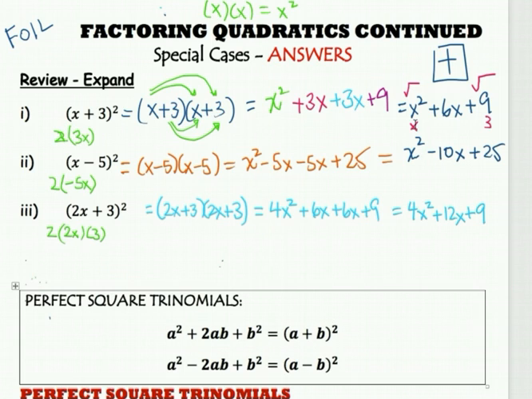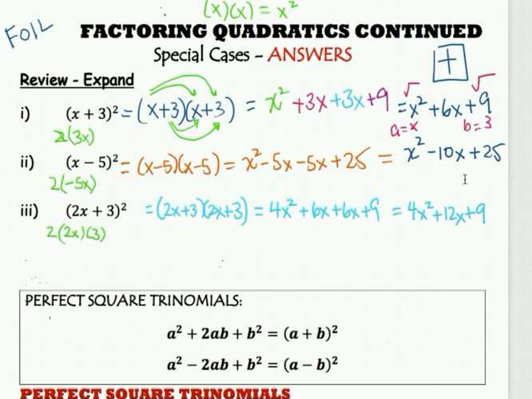So I know I have a perfect square trinomial, so I can use this little rule here. I find my a and my b. All I'm doing is taking my first term and square rooting it, and my second term and square rooting it, and I can write the factored form like that. So this is my a, and that's my b. I can go right to the factored form here and write x is my a, b is my 3, and then I write a plus because if I had a positive in the middle, it becomes positive.